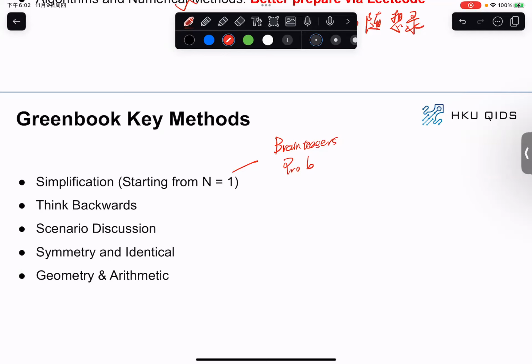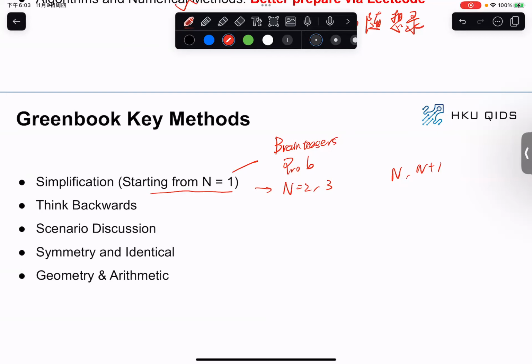But I would say at least 30% of the questions could be solved by math induction, which requires you to start from the simplest case, n equals 1, and then infer from n equals 2, 3, all the way to n and n plus 1. It's actually a good starting point, but of course, there are also a few questions that may violate this rule.